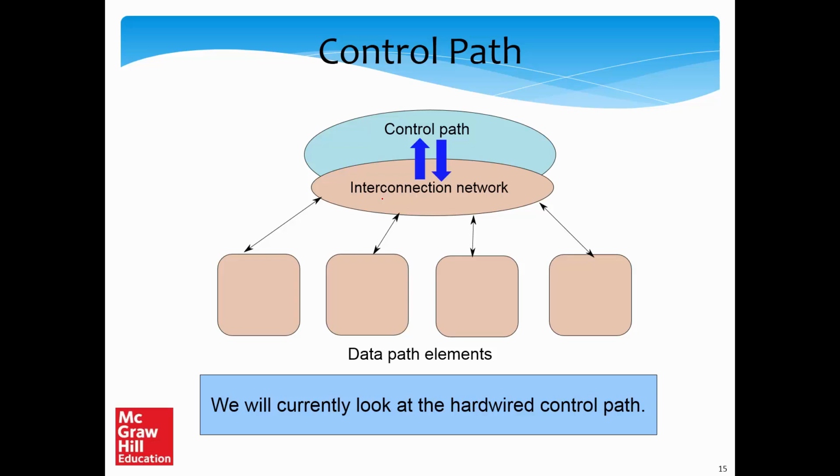But when we look at a microprogrammed processor, we'll see that aspects of the control path will be exported to the programmer, so in a sense, the control path can be modified and controlled. We'll take a look at that later, but let's take a look at this approach, which is by far more common, which is to have a hardwired control path, which means that once the chip has been designed and fabricated, the control path cannot be changed. So it cannot be reprogrammed.